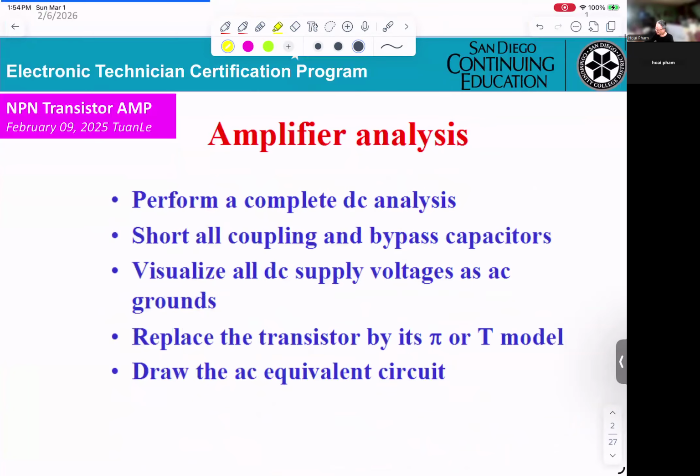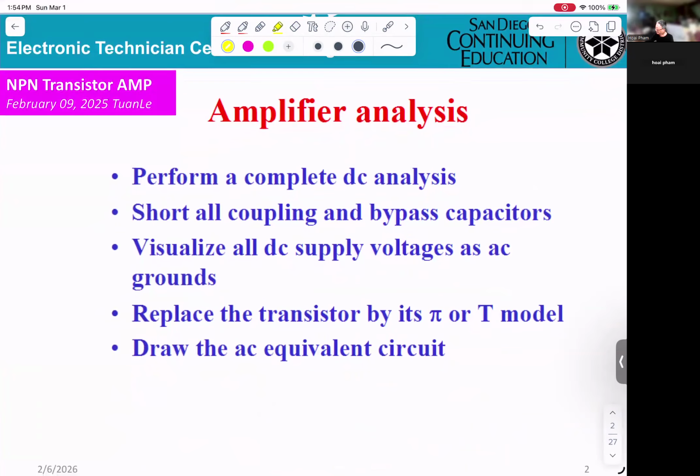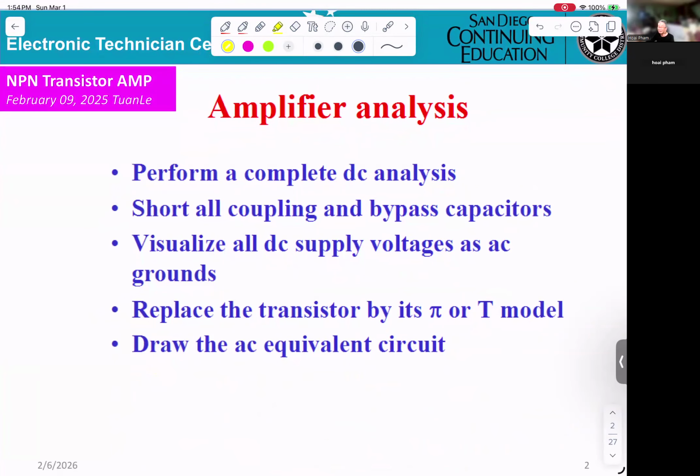Now we're talking about amplifier analysis. Last time we already finished the DC analysis of the transistor, and now we will go to the amplifier for the transistor.